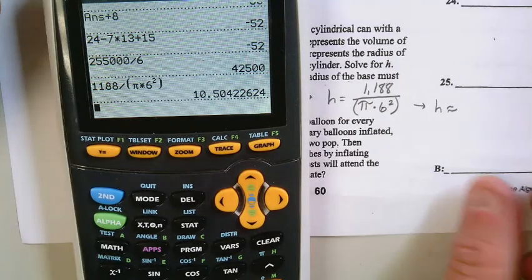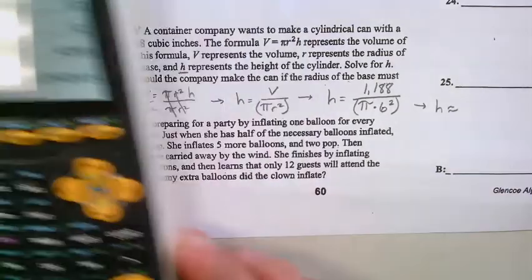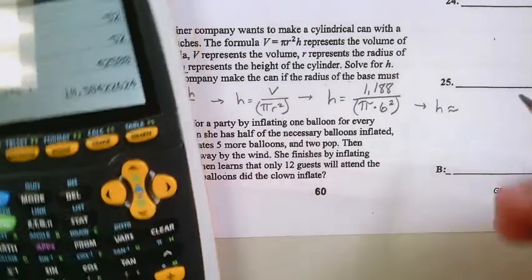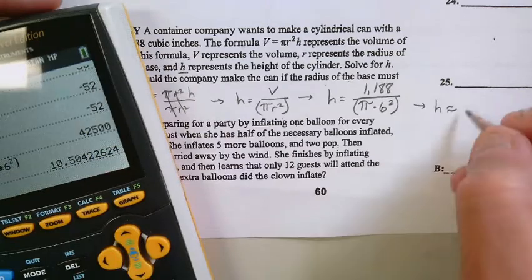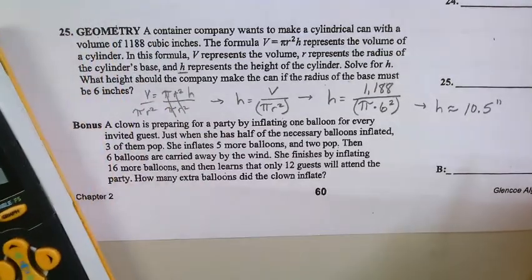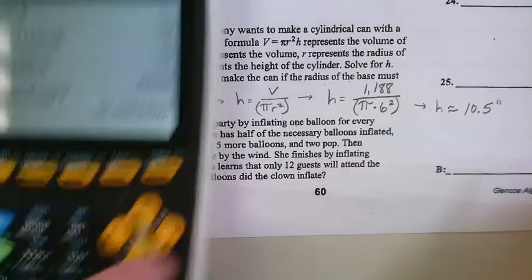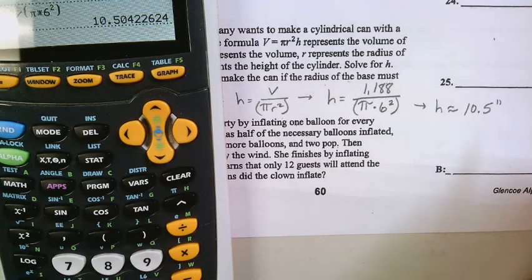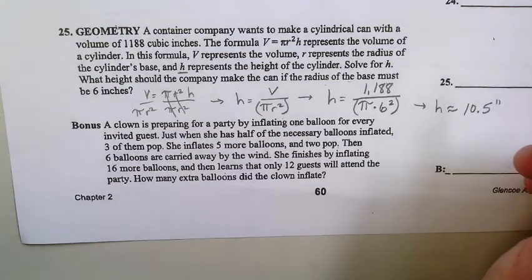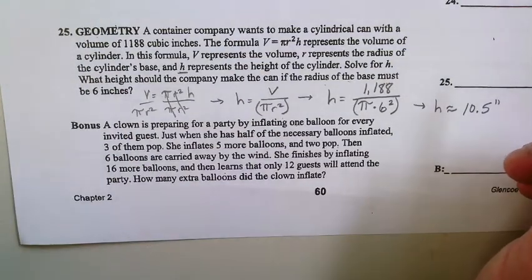So it looks like approximately, let's see here. It looks like approximately 10.5 inches. Okay, is it inches or cubic inches? Yeah. So again, I had to approximate there, but that's fine. Okay. All right.